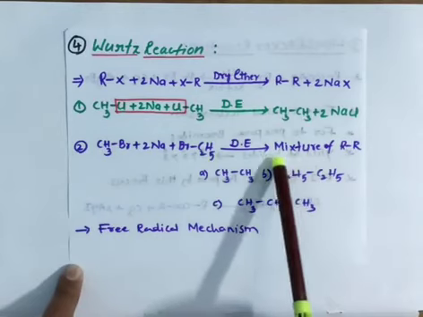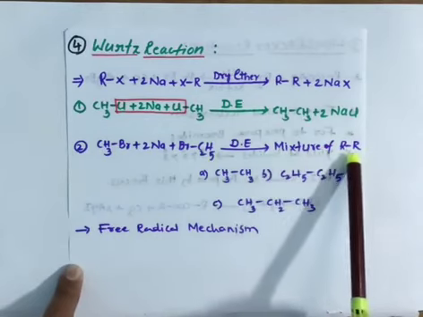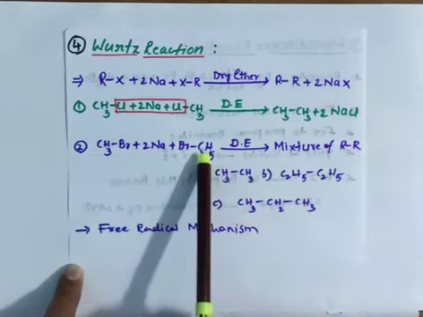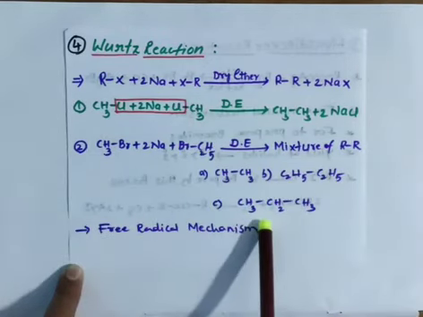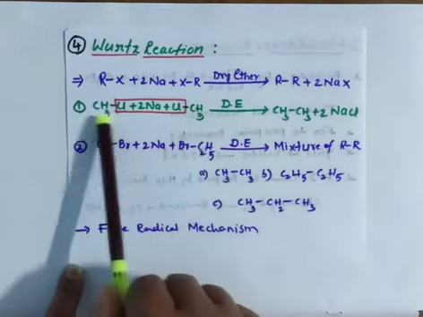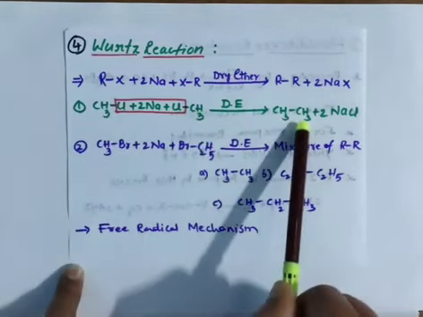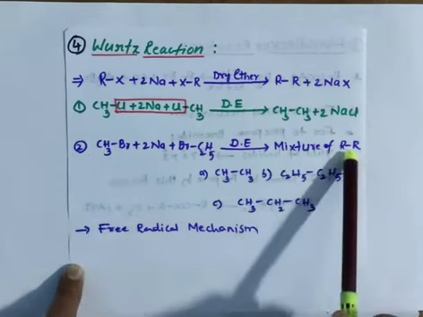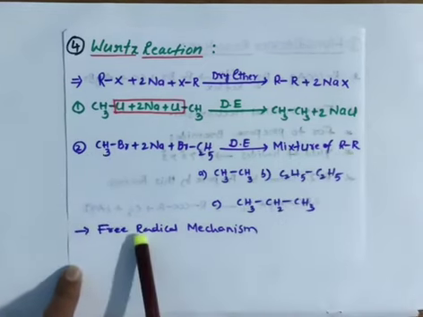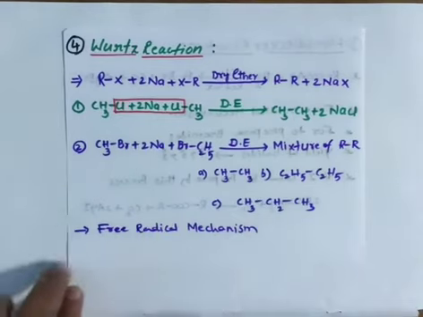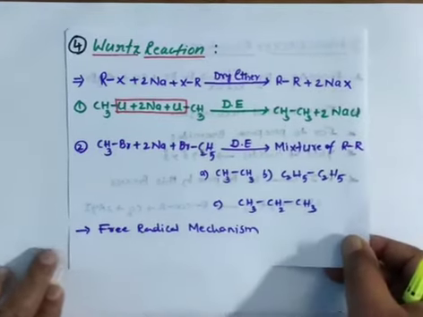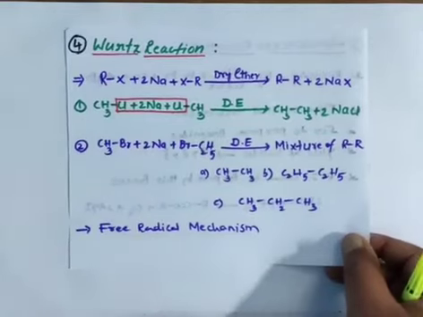Then you are getting a mixture of alkanes, that is ethane with butane and propane. So symmetrical alkyl halides give a single product. Unsymmetrical alkyl halides give a mixture of alkanes. And this undergoes a free radical mechanism. Clear? This is the Wurtz reaction. We are preparing alkanes.